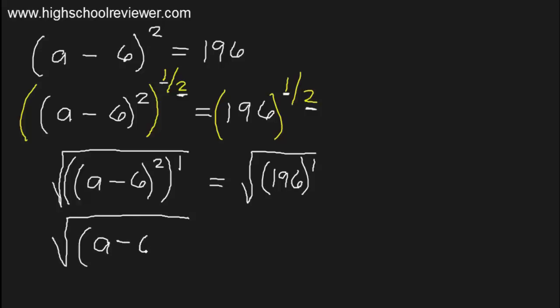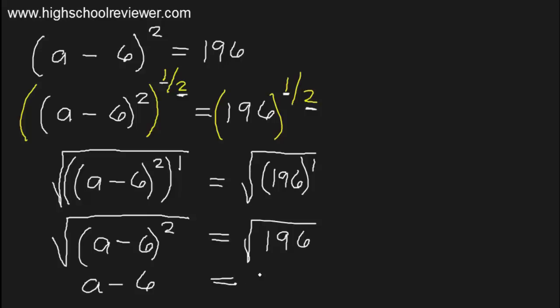So we will have here a minus 6 raised to 2, and this will be the square root. So the square root of 196, later we will write the value. But here, let's get the square root first. The square root of the quantity of a minus 6 raised to the power of 2 will be equal to a minus 6. And the square root of 196 will be plus minus 14.